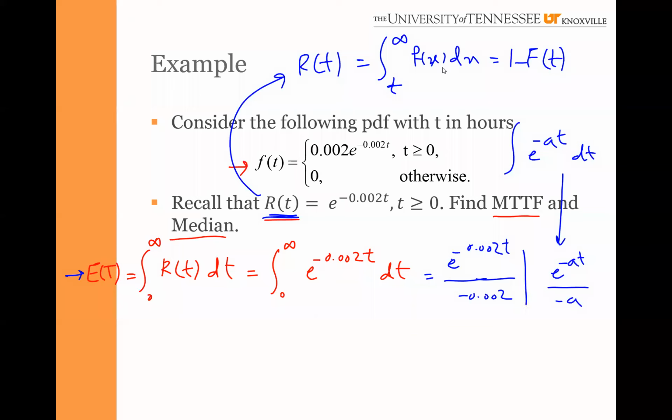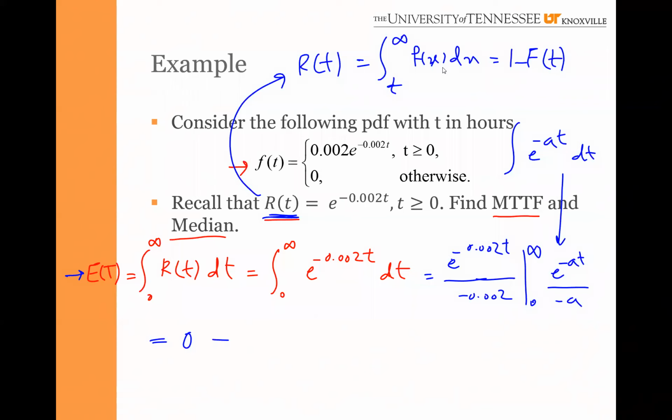Okay, so 0 to infinity. If I'm evaluating the first at infinity, this is going to be 0, right? Because e to the minus infinity will be 1 over e to the infinity, which is 0.